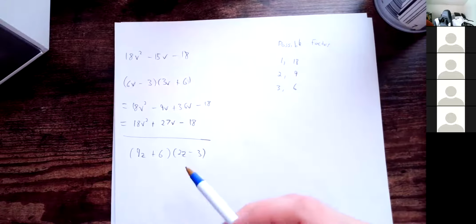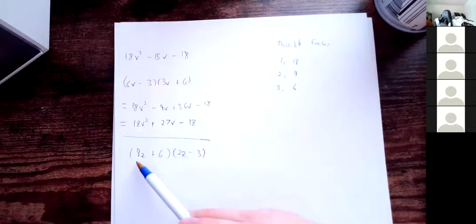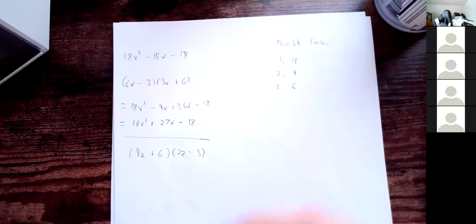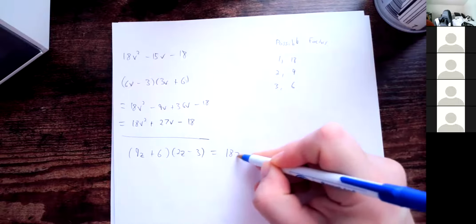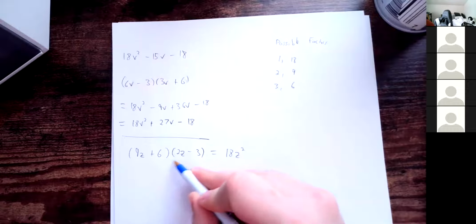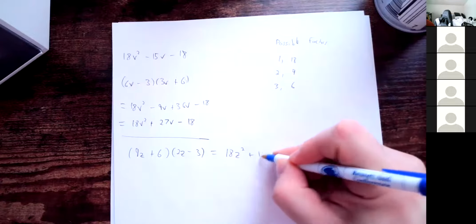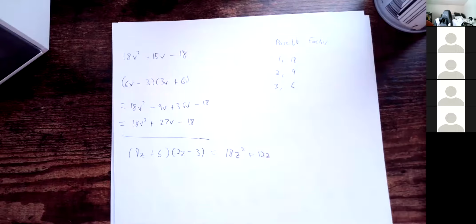That's a good guess. And so let's check it through. So you've picked two numbers, 9 and 2, that multiply out, and then two numbers that multiply out. So let's see it. So 9z times 2z, 18z squared, and then 6 times 2z, 12z.